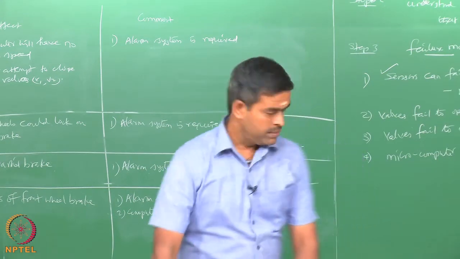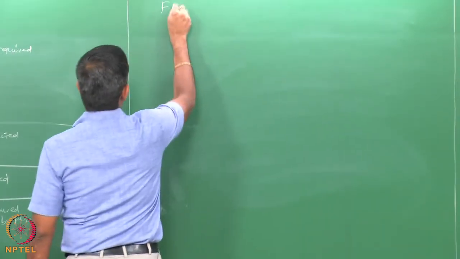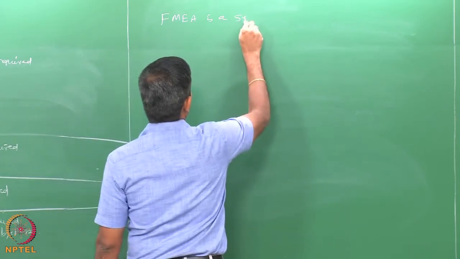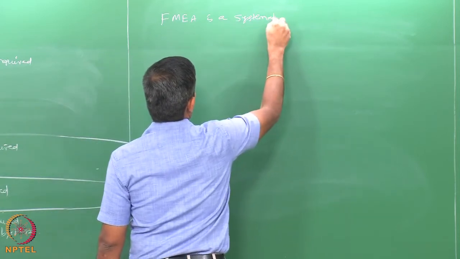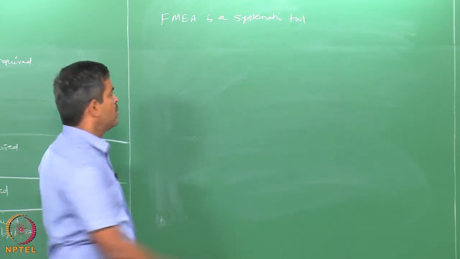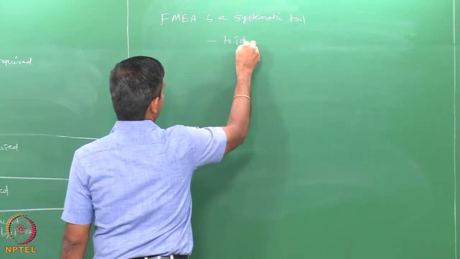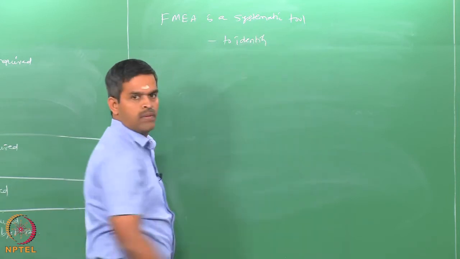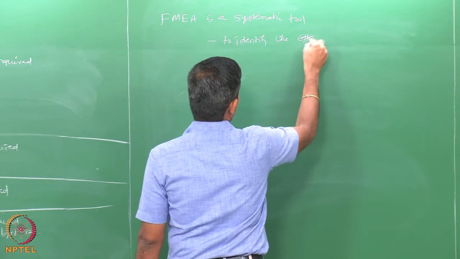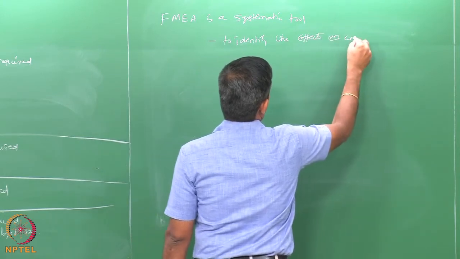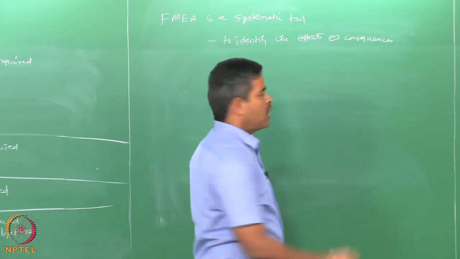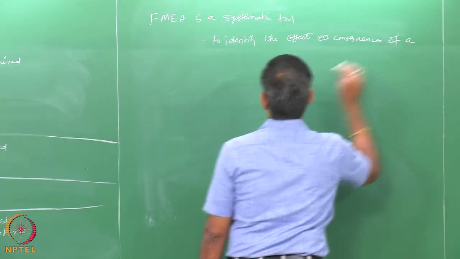So, therefore, FMEA is a systematic tool to identify the effects or let us say consequences of a potential failure.